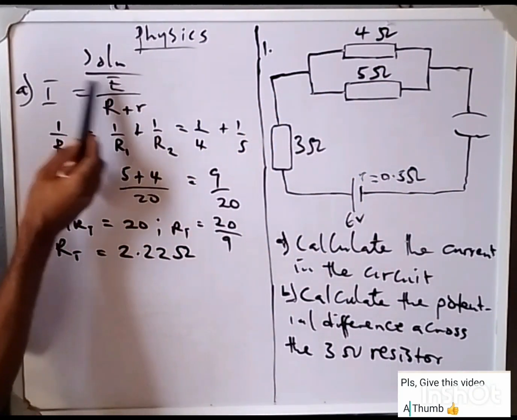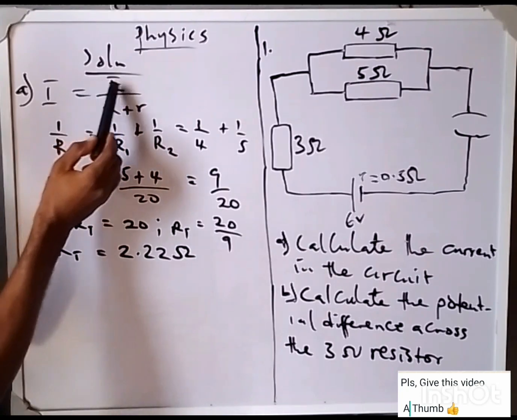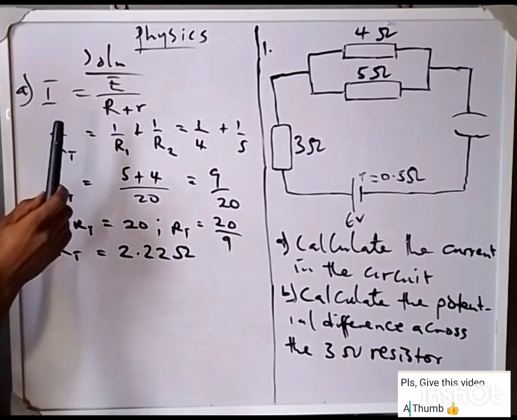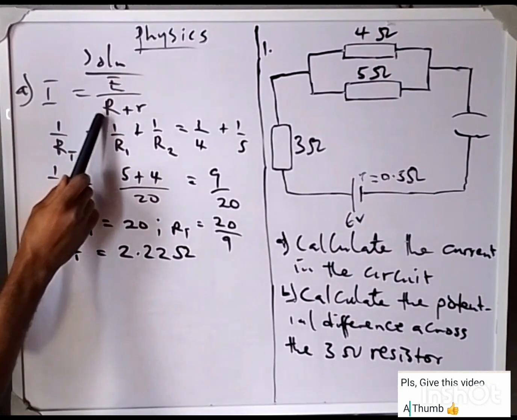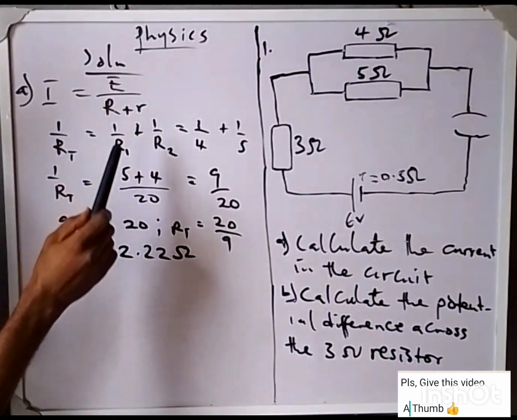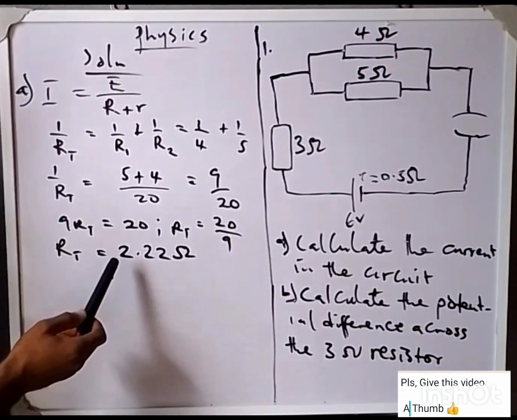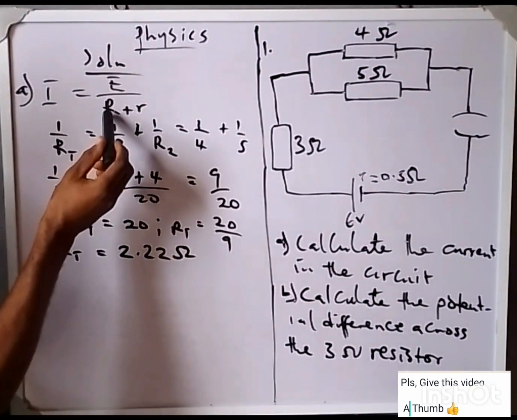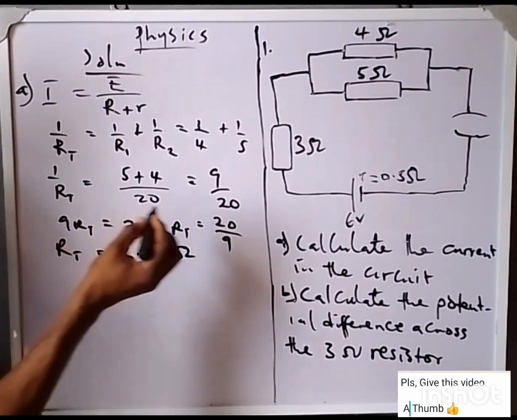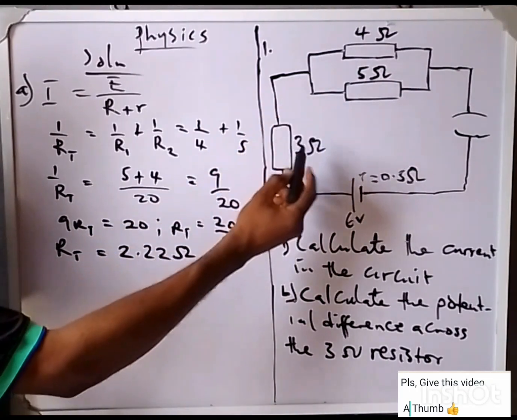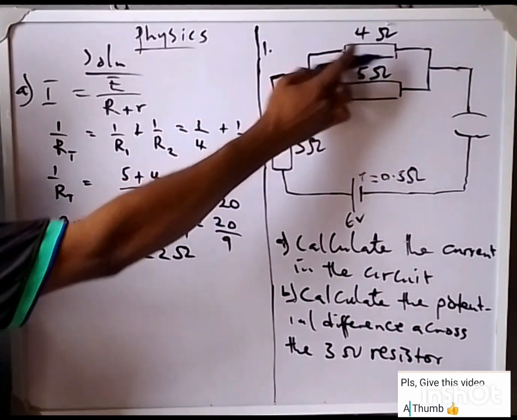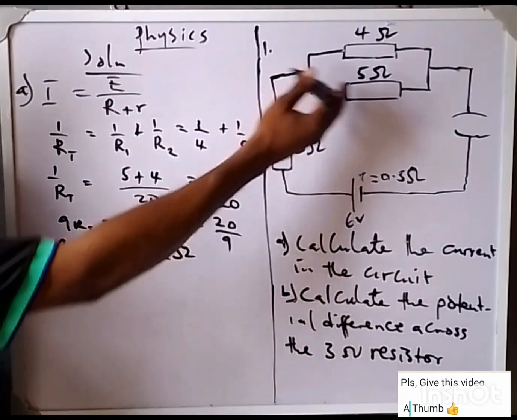If we go to the formula, E over R plus r, we can now decide to, this our R now. Part of it we have calculated to be this. But for us to get this R, our R will now be the total resistance in series, because if we connect this one in parallel, in series to this, it becomes a series connection.